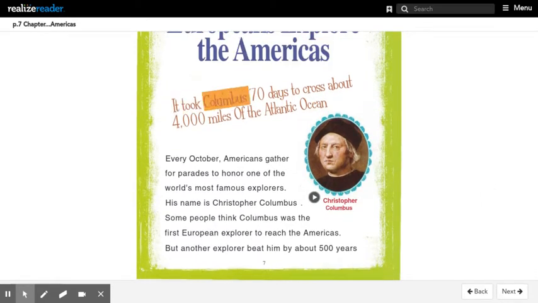It took Columbus 70 days to cross about 4,000 miles of the Atlantic Ocean. Every October, Americans gather for parades to honor one of the world's most famous explorers. His name is Christopher Columbus. Some people think Columbus was the first European explorer to reach the Americas, but another explorer beat him by about 500 years.